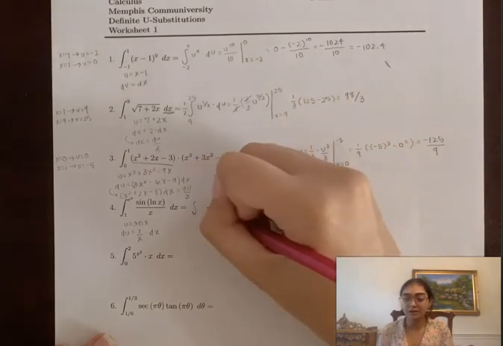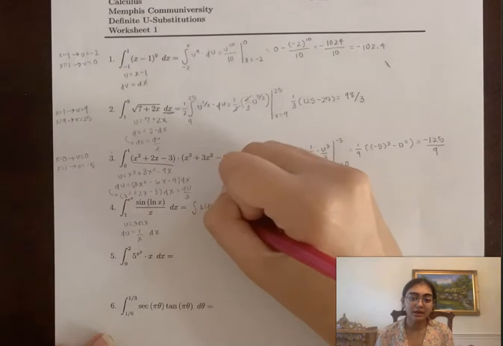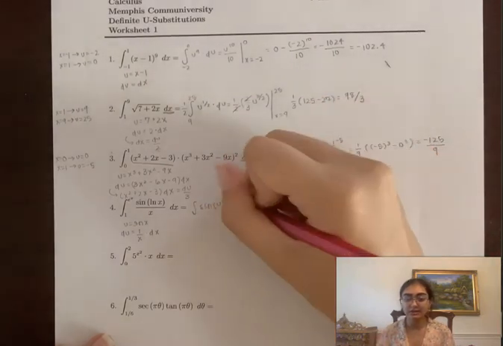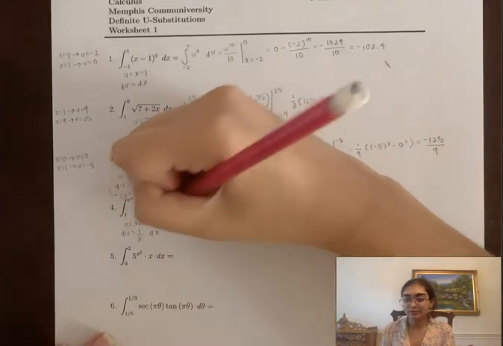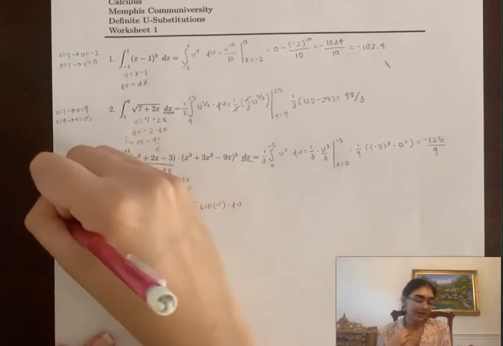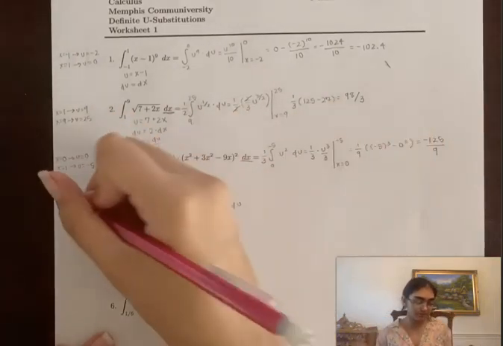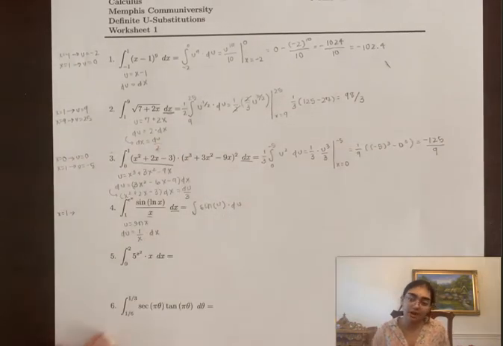So if we're constructing our u variable now, we're going to replace our ln of x, the thing inside the sine, with u, and then replace 1 over x and dx with du. Now our final step for completing our u substitution is to change all of our x values on our integral to u values.